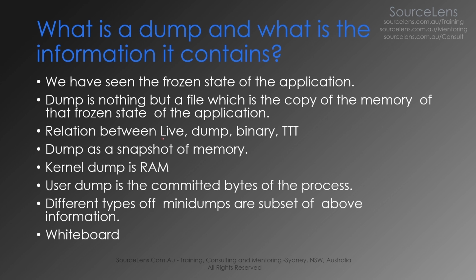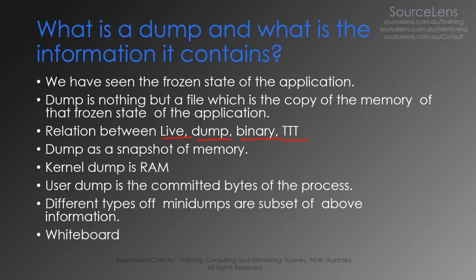Now, the relation between live debugging, dump, binary and time travel tracing. Live debugging is, like I mentioned, where you can go forward in time. If you type the p command, which is F10 or step over, we have seen that. We won't use it a lot because we don't do much live debugging in this series.